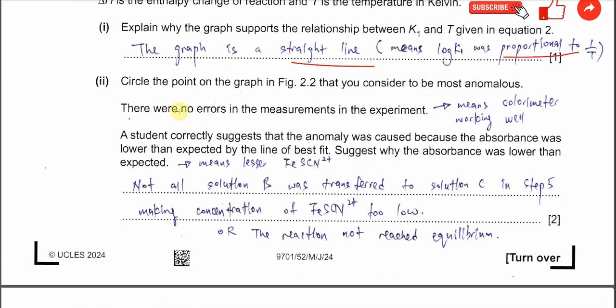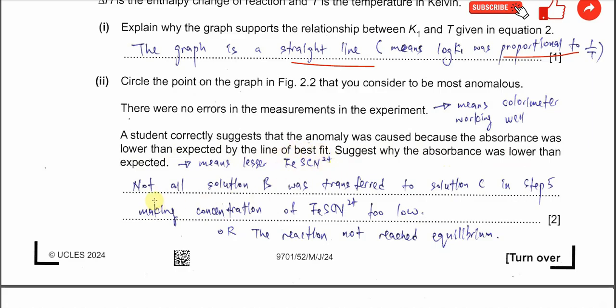There were no errors in the measurement in the experiment, meaning the meter is okay. A student correctly suggests that the abnormality was caused because the absorbance was lower than expected, like I told you just now. Suggest why the absorbance was lower than expected. It means the product is lesser.